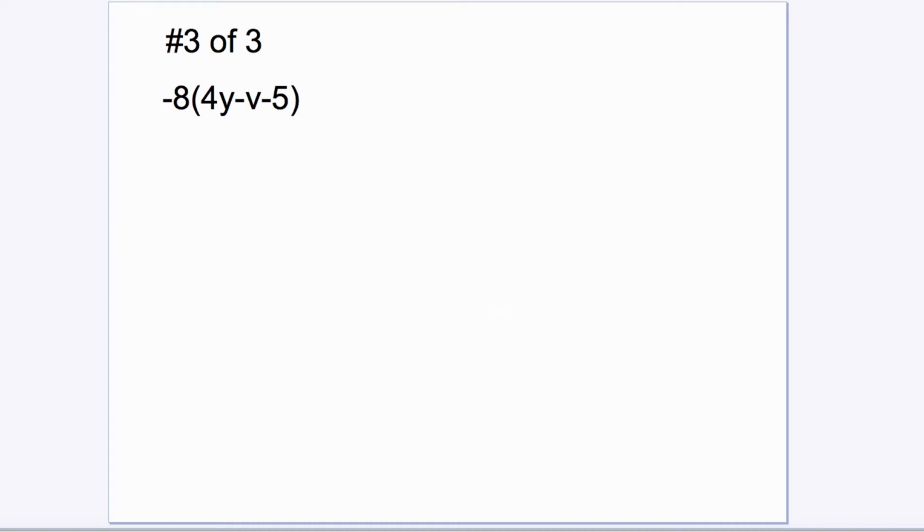So now let's take a look at another way to do this. I'm going to break this one down a little bit differently. I'm going to do 8 times negative 1 times 4y minus v minus 5.